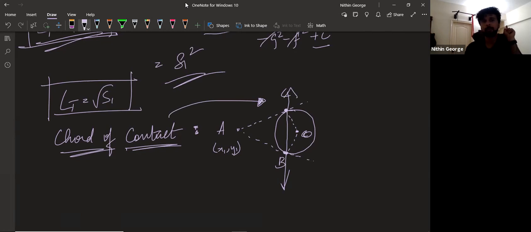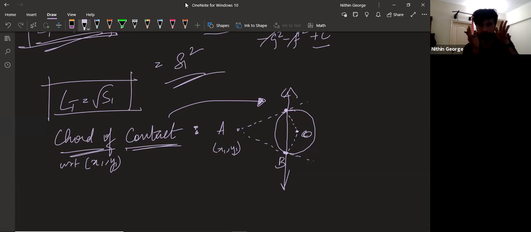So chord of contact with respect to any point x1, comma y1 is what you get when you draw two tangents and connect their points of contact. You draw two tangents from that point and then mark the points of contact. Is this clear? Draw a chord through the points of contact. Is the figure clear?